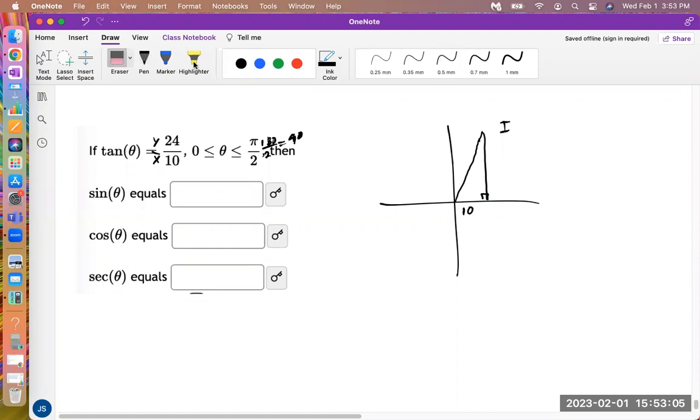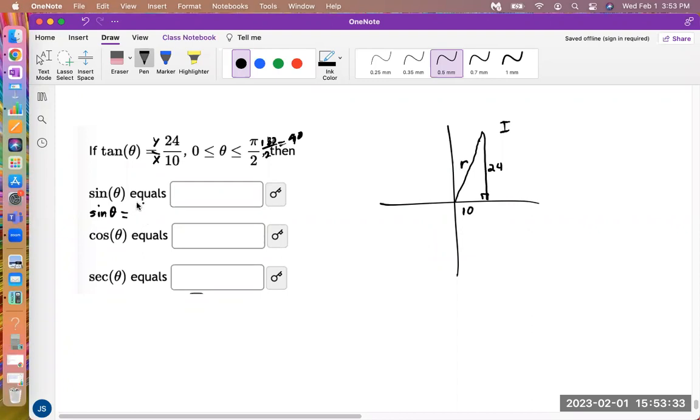Now, to find all the other ratios, all I have to do is find that missing side of the triangle, which is this r side. And then I just have to remember that sine is equal to y over r, cosine is x over r, and secant is r over x.